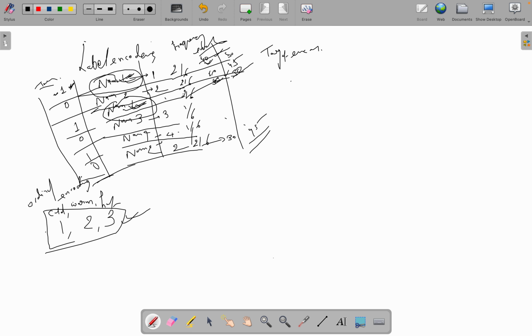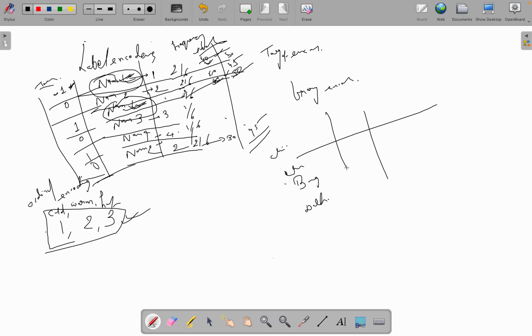Another one is called binary encoding. Suppose you have cities like Chennai, Bangalore, Delhi.